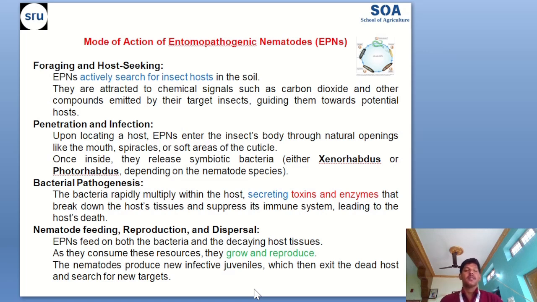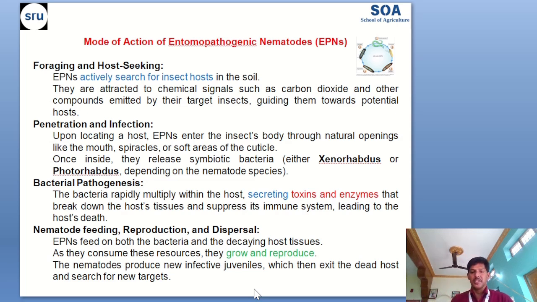The next step in the mode of action is penetration and infection. Upon locating a host, the entomopathogenic nematode enters the host body through natural openings like the mouth, spiracles, or soft areas of the cuticle. Once inside, they release symbiotic bacteria, either Xenorhabdus or Photorhabdus, depending on the nematode species.